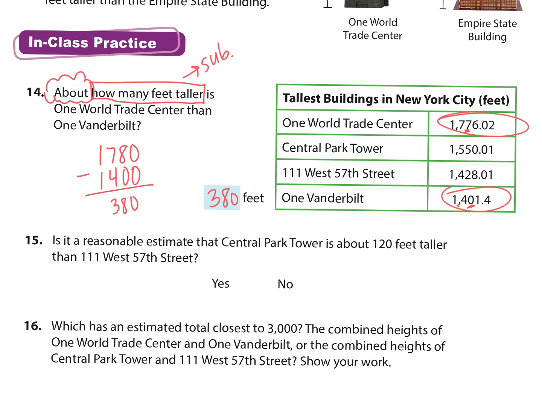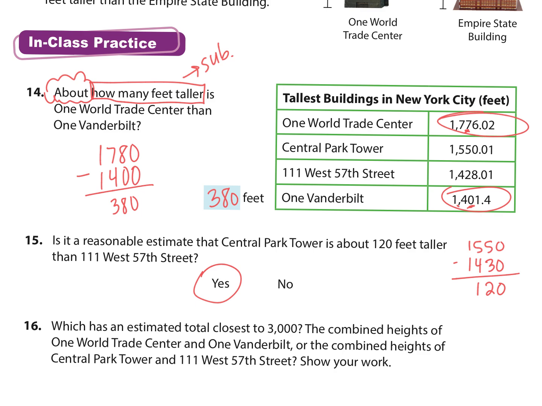So if I rounded it, and I said 1550 minus 1430, that would be about 120. So yes, that is a reasonable estimate.